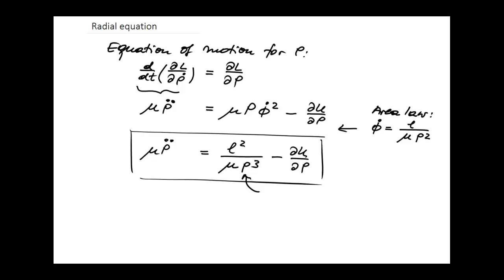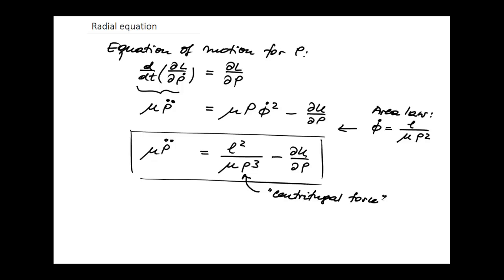If the angular momentum is 0, so if L is equal to 0, this term does not contribute, but as soon as the body is moving around the center and has a finite angular momentum, L is different from 0, and then you will have that contribution. So let me write that in quotation marks. You can view that as a kind of centrifugal force.